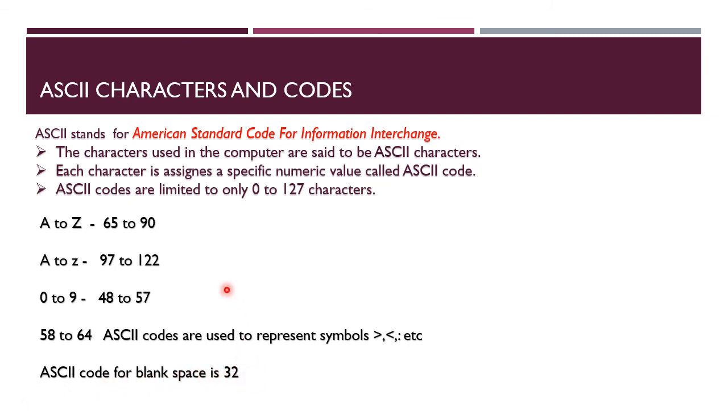So you now have two kinds of character sets. The ASCII character set is a subset of the Unicode character set. The Unicode character set is the superset of ASCII characters, because ASCII represents only 0 to 127 characters, but that is not the case with Unicode, which represents a wide range of characters.